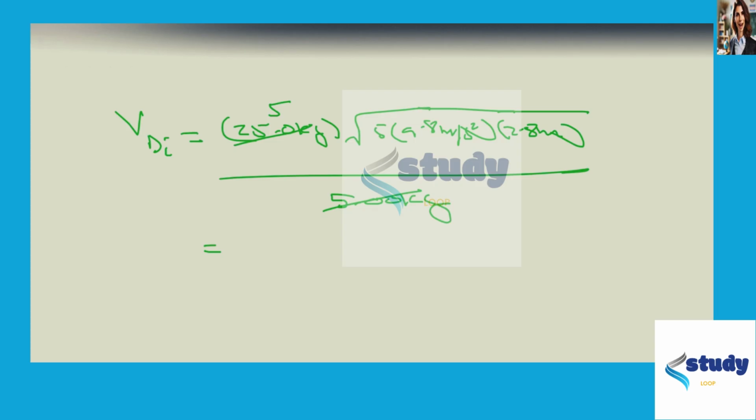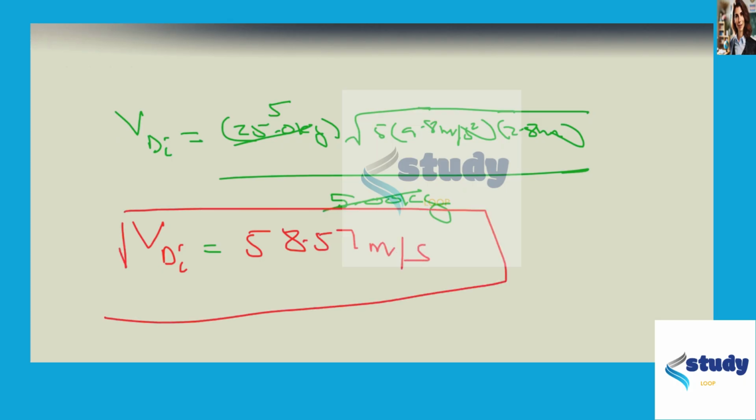So it's going to give us the initial value that we wanted of 58.57 meters per second. That's the solution to the problem.